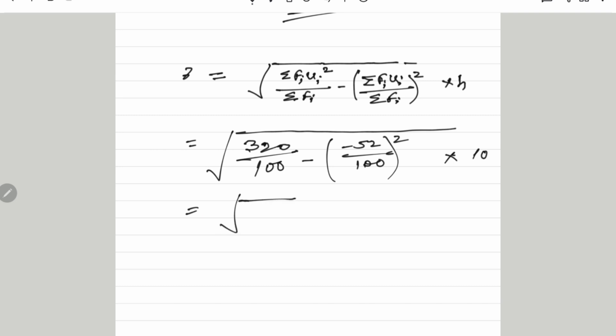It is square root of 320 by 100, we get that value as 3.2, minus 52 by 100 and its square, we get that value as 0.2704, into 10.